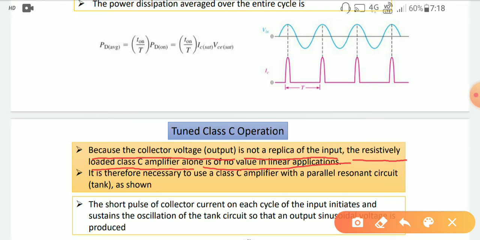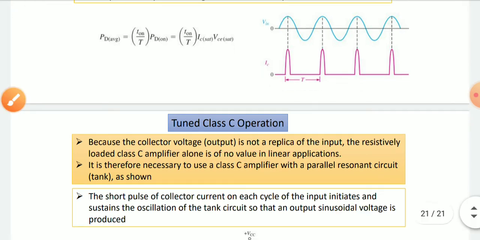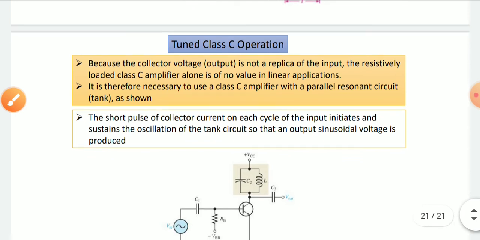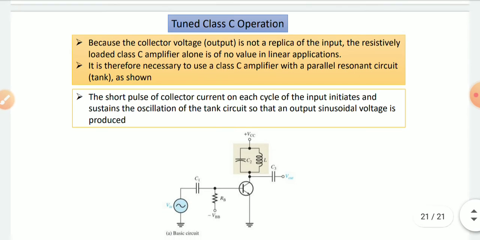So in that circuit there should be two extra things by which you can get the desirable output waveform. It is therefore necessary to use the Class C amplifier with a parallel resonance circuit.